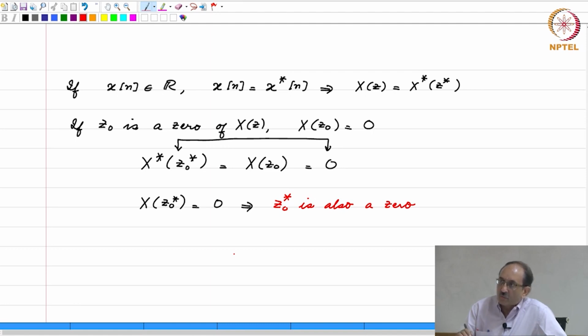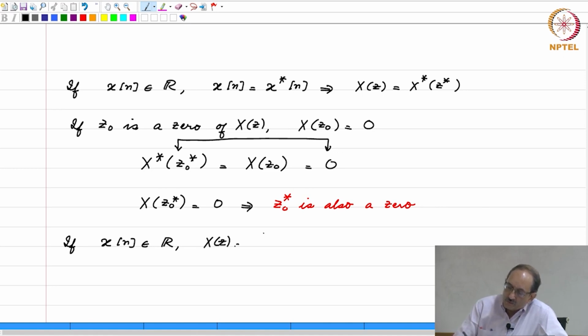So, this is another way of saying that if x of n were real valued, its x of z, since we are restricting ourselves to the class of rational transfer functions, is of the form p of z over q of z, and p and q are after all polynomials in z, and these polynomials will have real valued coefficients.